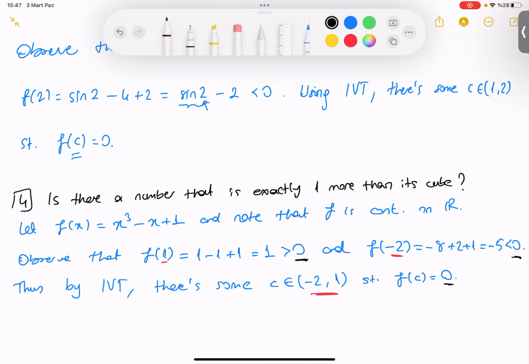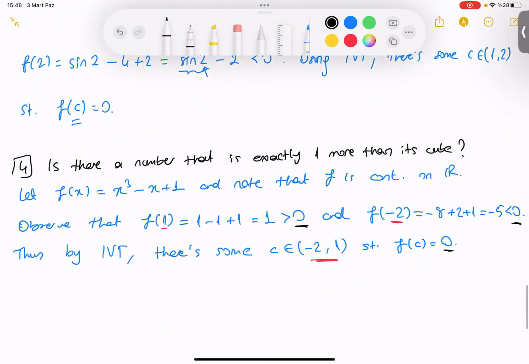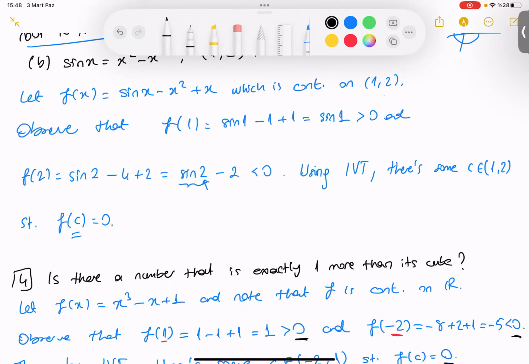So there is such a number given the desired condition. Okay, so we're done. We will continue from problem 5 next week. Okay, see you.